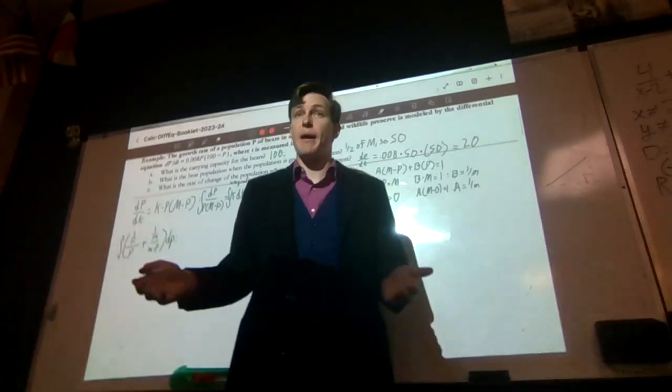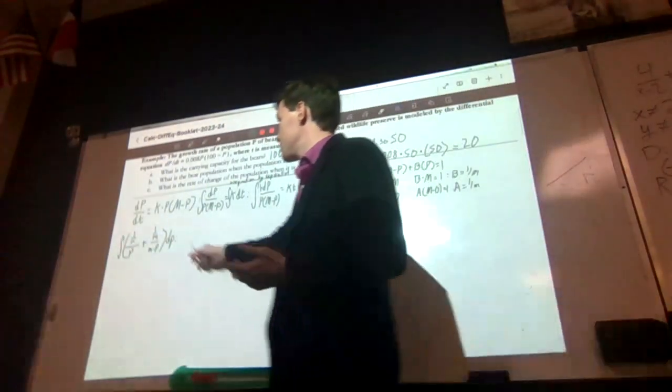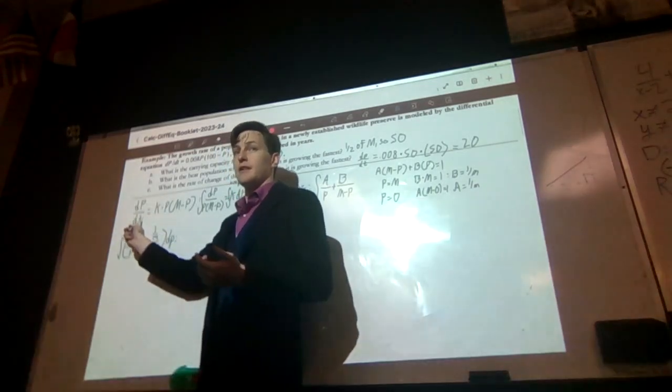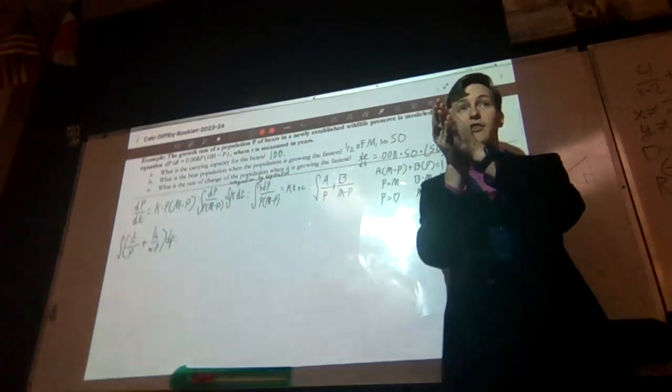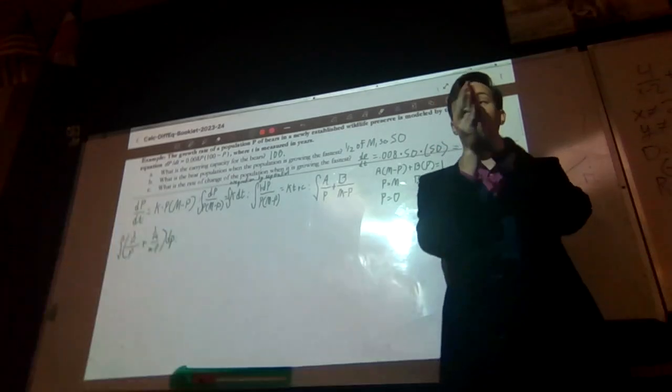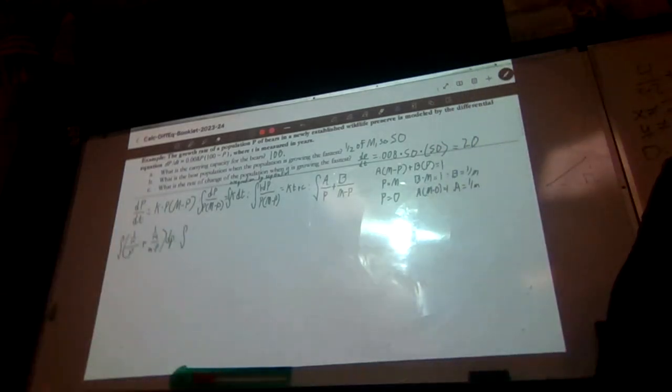M is just the carrying capacity. Remember, the carrying capacity is a number we decide on. What are our variables? Our variables are P and T. M is a constant value. So what can I do with a constant value? I can factor it out. So I'm going to get the integral of 1 over m times 1 over p plus 1 over m minus p times dp.